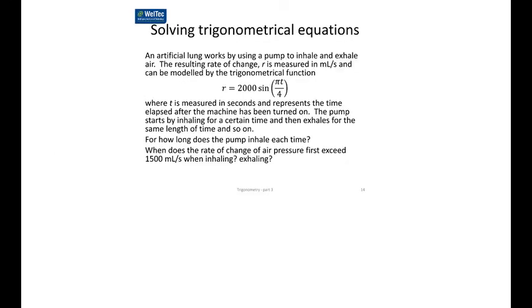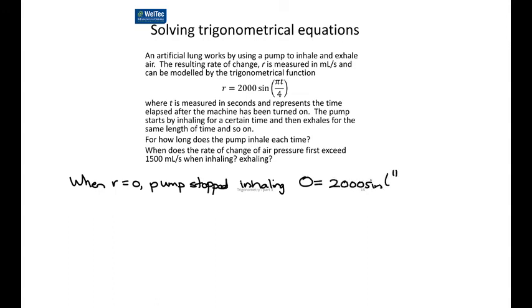The first question asks, for how long does the pump inhale each time? Well, the pump's going to stop inhaling when R is equal to 0. So it's a measure of solving 0 equals 2000 sine pi t over 4.